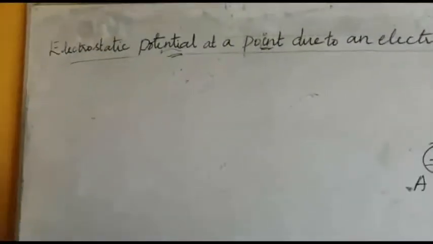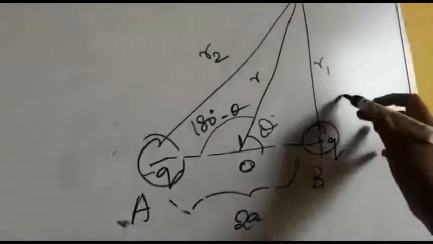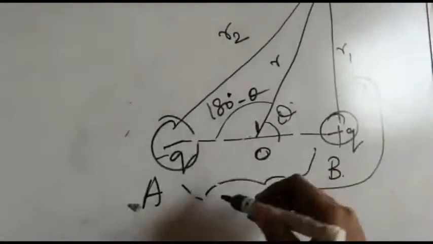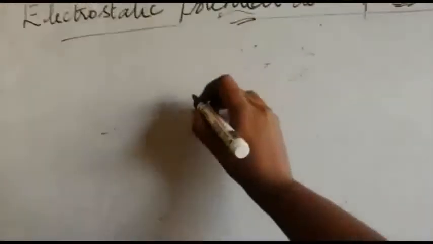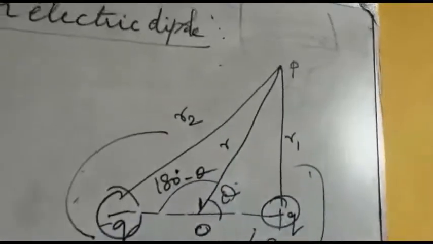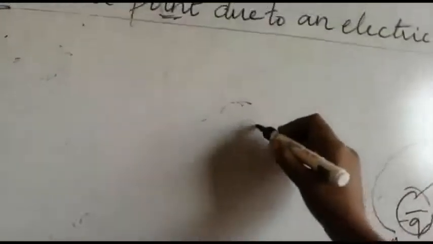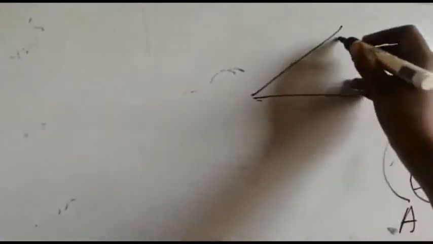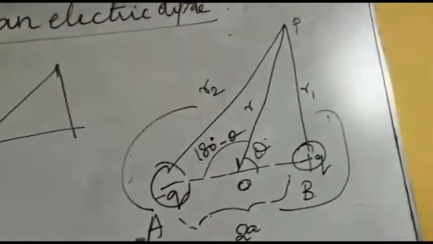Next we have to calculate the exact R1 and R2 values. For R1, take this triangle, and for R2 consider this triangle. To find R1, let me take the triangle OBP. This side, BP, is R1.